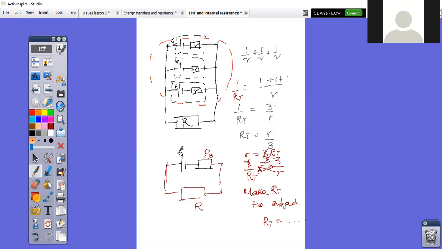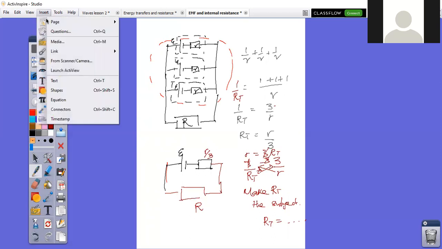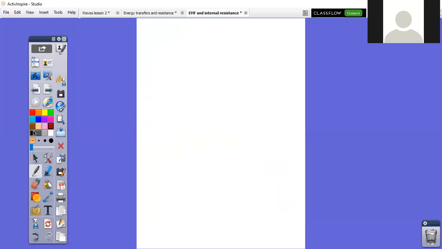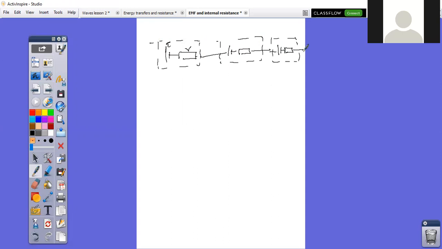So just be mindful. What about if I had them in series? In series, you add them together. So if I had a cell, E, R, and another one, E, R. Now we add the EMFs, they're in series.